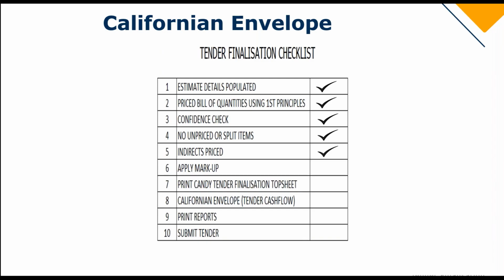And then you would price your indirects. You would apply markup. You would print the Candy Tender Finalization top sheet. You would then do a Californian envelope, which is your tender forecast. You would print your reports, and lastly, you would submit your tender.